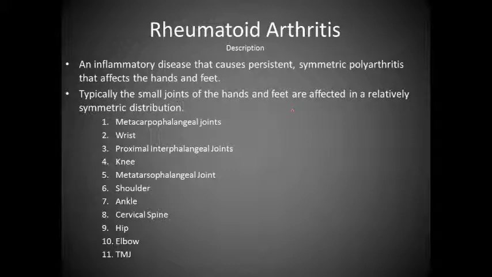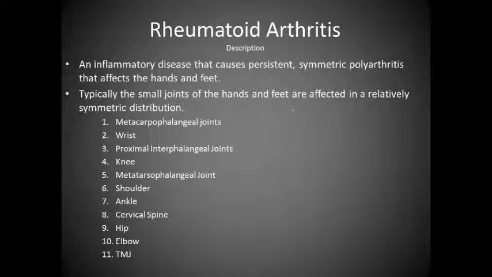That brings us to rheumatoid arthritis. Rheumatoid arthritis is an inflammatory disease that causes persistent symmetric polyarthritis that affects the hands and feet. Typically, the small joints of the hands and feet are affected in a relatively symmetric distribution.